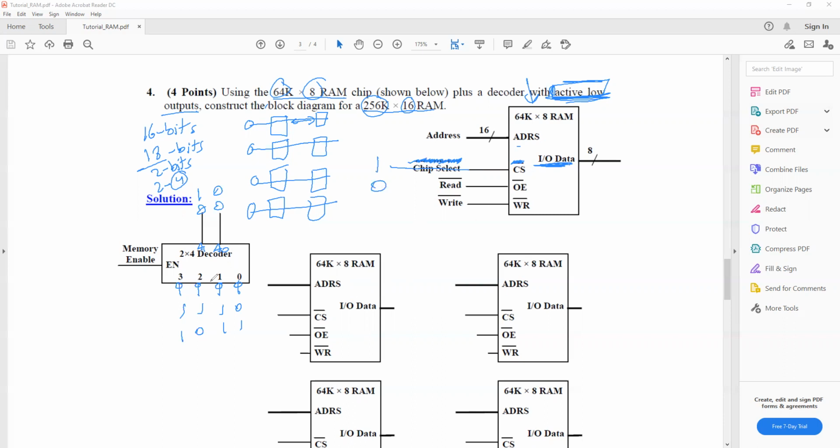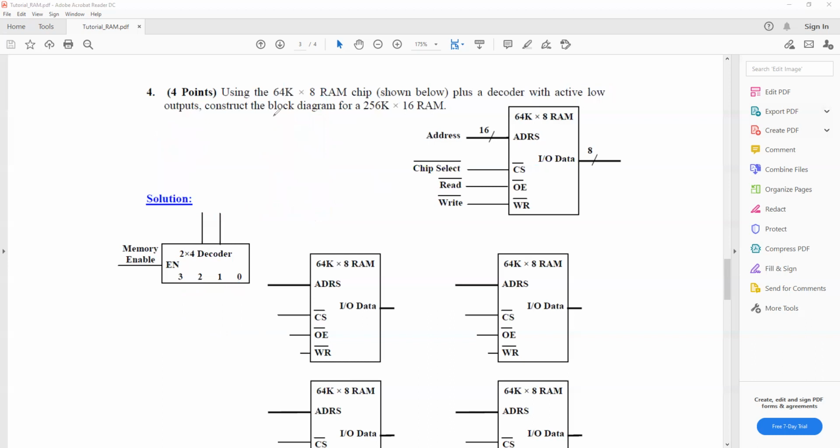Then if you use this decoder without any change or added logic, you would enable 3 chips at a time and disable one chip, and actually you would be disabling the chip that you actually want. If this is active low and this is active low, then we can just connect as we did before.